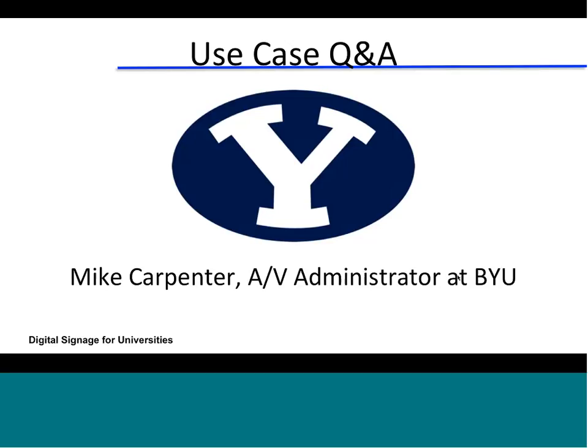Perfect. At a high level, we have numerous locations around campus that utilize these. We have some areas that have just displays with individual players behind them. On campus, we also use our cable TV, our CATV system.